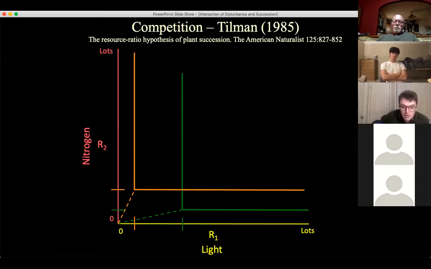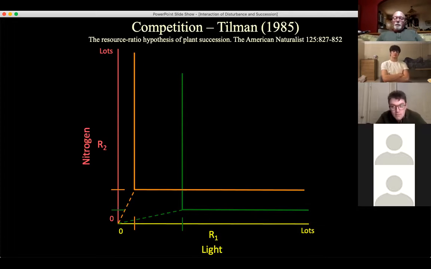In the case of the green one, the height of the triangle, the rise of the triangle, is the nitrogen use, and the run of the triangle here is the light use. And back in the old days, we used to teach this particular mathematical concept by saying it's the rise divided by run. You guys ever hear that in math class sometime?